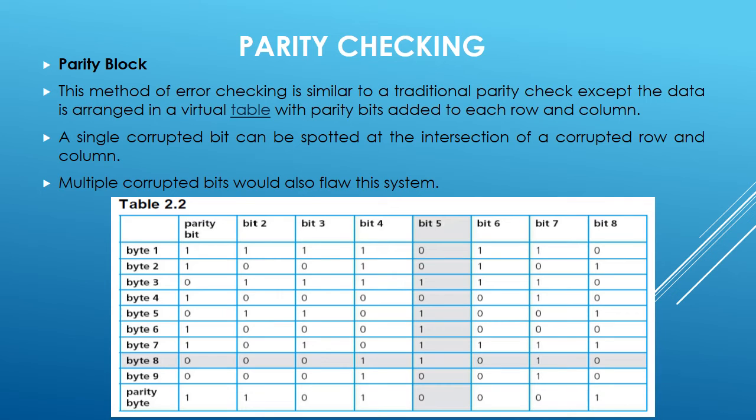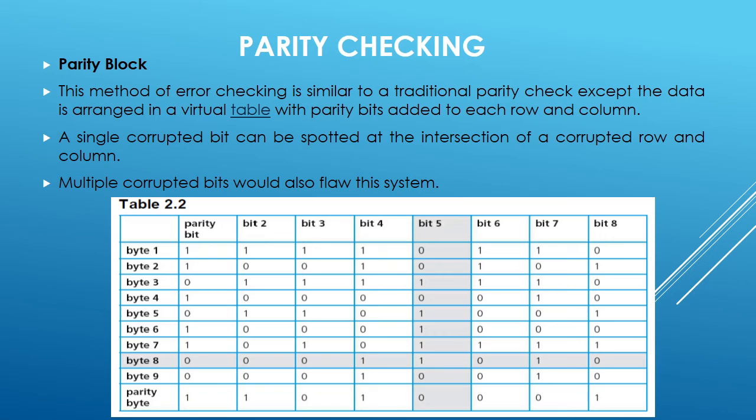At byte 7, there are 5 ones. So to make it even, 1 is added as a parity bit. It is also correct. At byte number 8, there are a total of 5 ones, which is not even. So to make it even, the parity bit should be 1. Instead, here it is written 0.